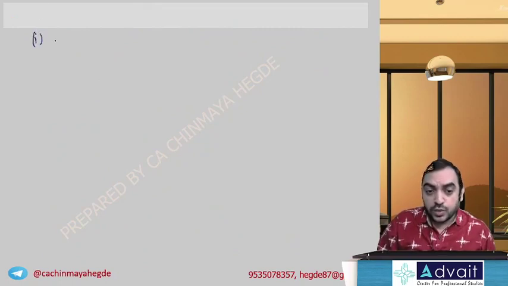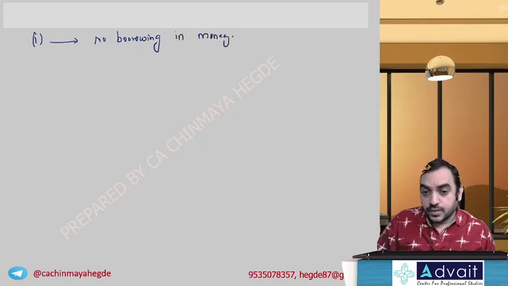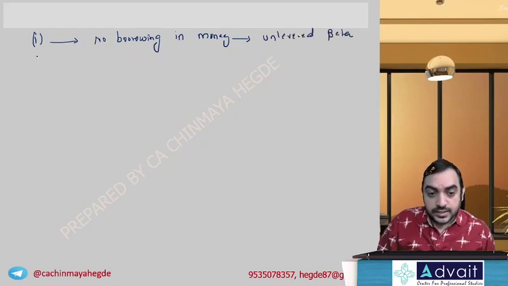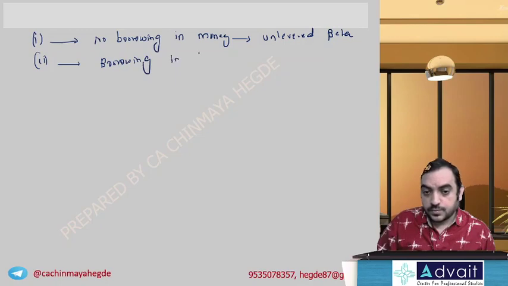In part 1, there was no borrowing in money, therefore it was unlevered beta. In the second, we had borrowing in money, therefore it is levered beta because you have taken financial risk.